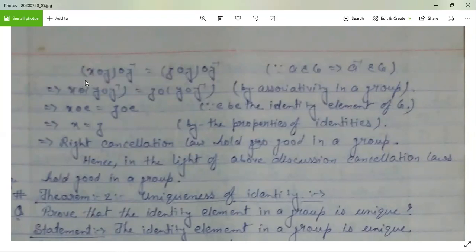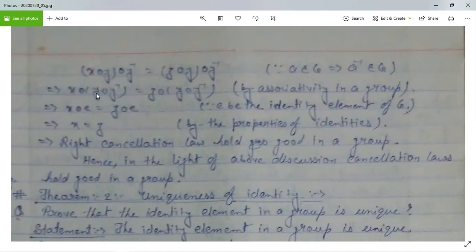Therefore, we can use associativity in a group. The bracket will transfer to y o y inverse. Then we get x o (y o y inverse) and z o (y o y inverse).